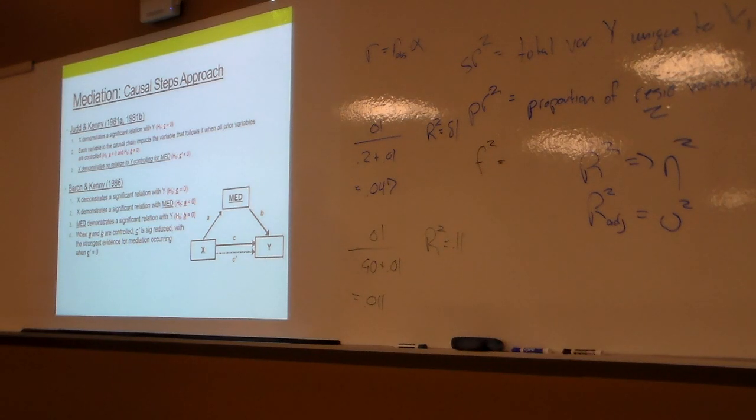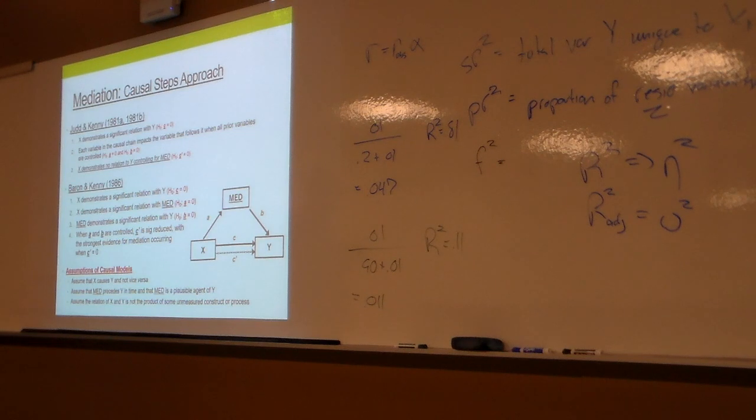We need to see some reduction in the strength of the association between X and Y. The strongest evidence for mediation is if the C path goes away completely, right? But what they've done is loosen this up to say C doesn't have to go completely away, but we need to demonstrate some significant reduction in the strength of this path. And if we can do that, then we can still claim some evidence for some degree of mediation within these analyses, okay?